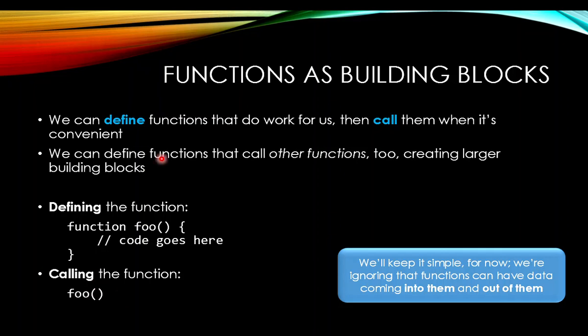So defining a function: function, space, name of the function, open parentheses, curly braces, write some code. When you want to call the function, you use the name of the function. So this is just like in our lazy professor analogy. When the professor wants his snacks, he can just say, get snacks, or tap whoever's in charge, Susie in our case, on the shoulder, and she goes and runs and does that task.